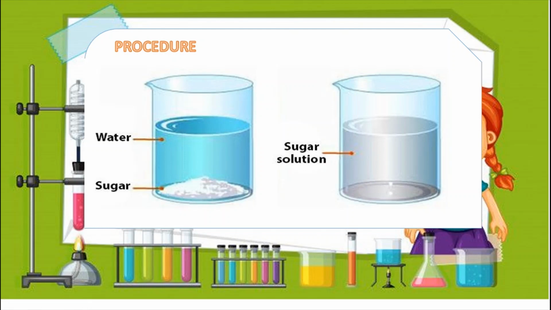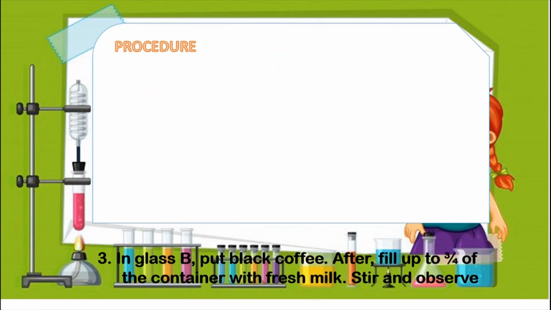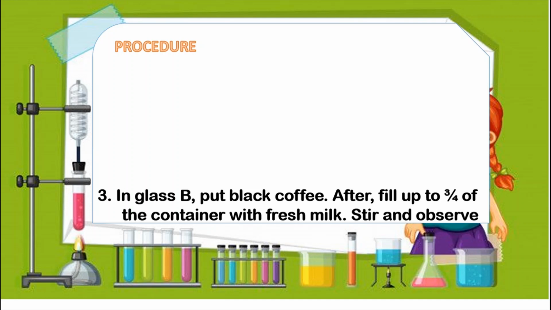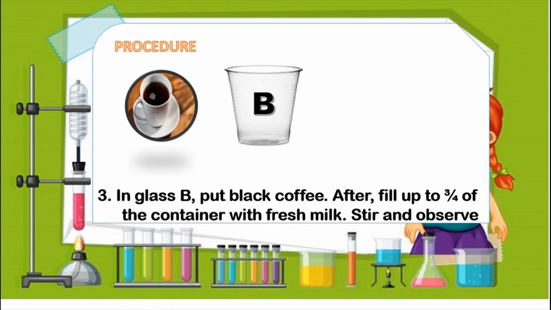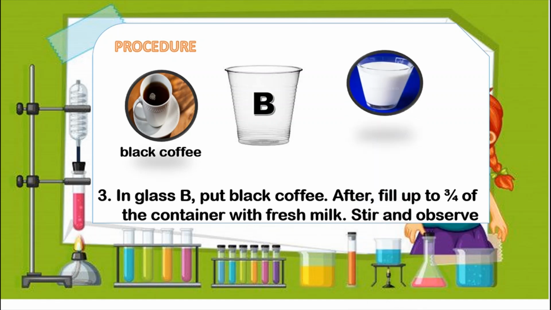Okay. Let's proceed. Okay, sa number 3 nga procedure, in glass B, put black coffee. May black coffee sa balay. After fill up to 3/4 of the container with fresh milk. Stir and observe.